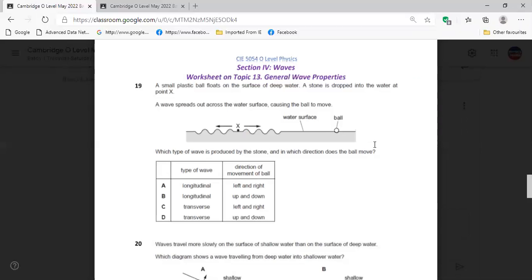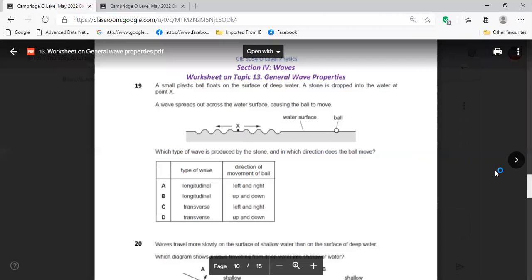Sir, C. See. Why? Because the boat, no. Because it is a transverse wave. Sir, because a transverse wave goes in the direction of, so the transverse wave travels perpendicular to the direction of the water.